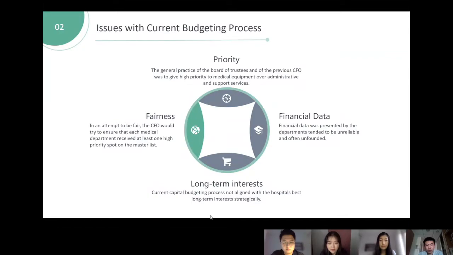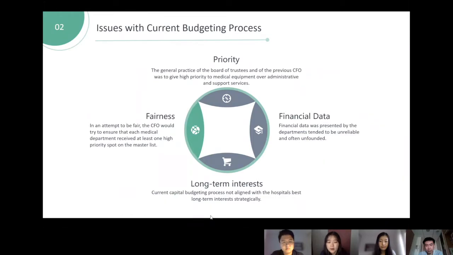Also, for the fairness aspect, the previous CFO would try to make sure that each medical department received at least one spot, which also influenced the capital budgeting process in a very unscientific way.